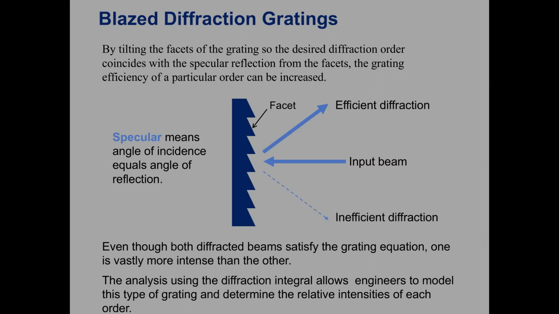The only difference with this type of grating is that it diffracts in one direction more than the other. For instance, for a reflection grating, you might only get the positive order constructive interference peaks. You still theoretically can get inefficient negative order peaks, but they're much dimmer. It's represented here by this dotted line.